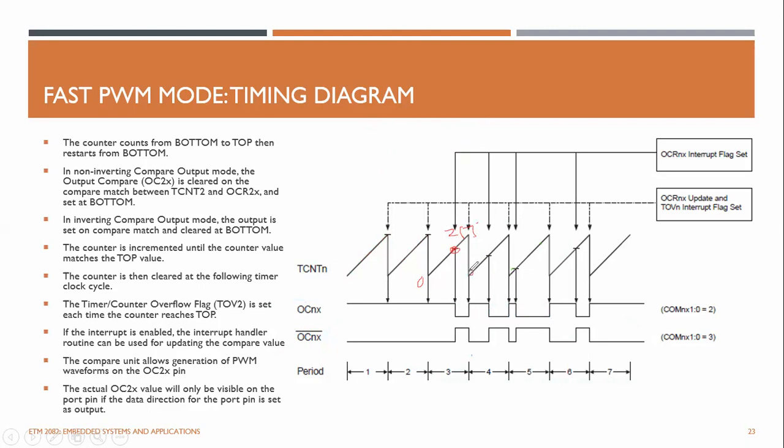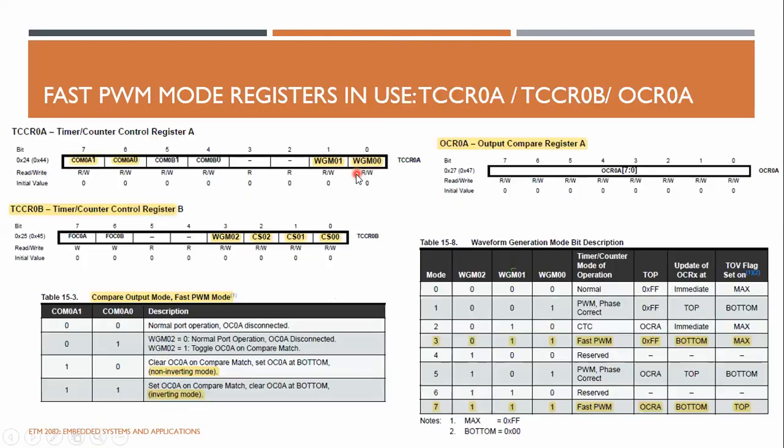Next, when the timer reaches 255, the maximum value, it will restart from 0 and count from here. And when it reaches that value, that pin will be cleared. So that's the operation of fast PWM mode.